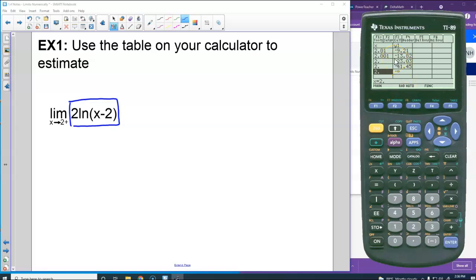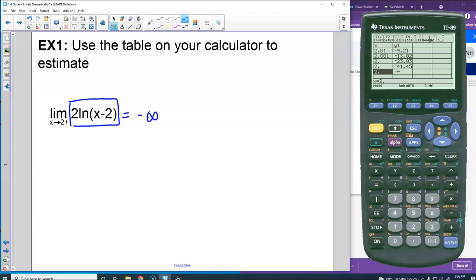Mine says negative infinity. That's probably when you're getting undefined. And it doesn't necessarily mean it's undefined. It means the calculator can't handle it anymore, so it's telling you undefined. So these numbers just keep getting smaller and smaller and smaller, right? More and more and more negative. So because it doesn't seem to be evening out at one value, it appears that this should be negative infinity.